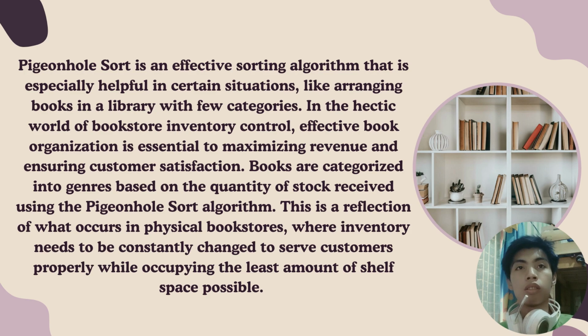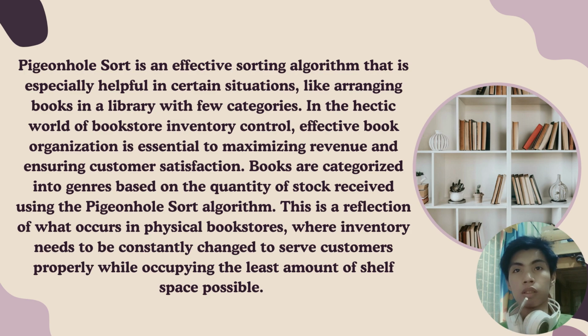So, in a hectic world of bookstore inventory control, effective book organization is essential to maximizing revenue and ensuring customer satisfaction. Books are categorized into genres based on the quantity of stock received using the pigeonhole sort algorithm.